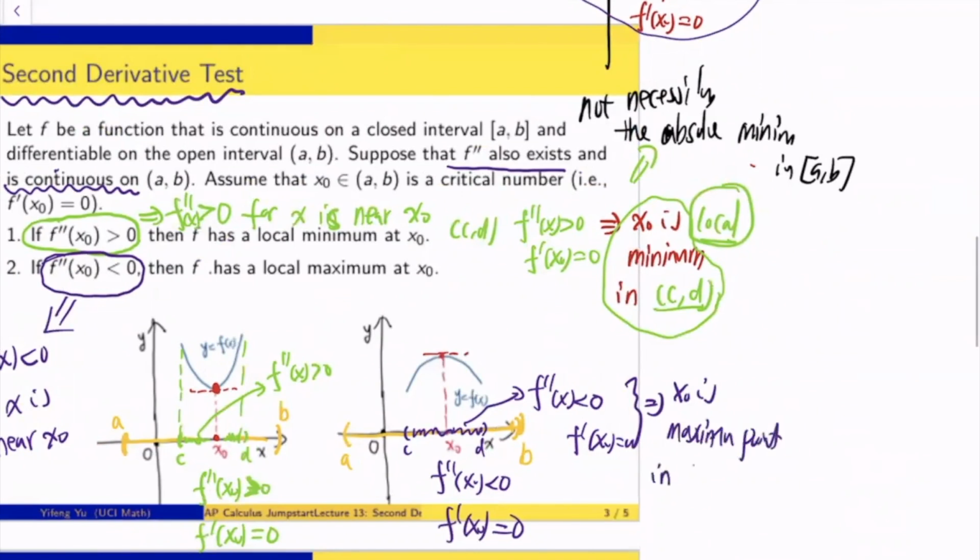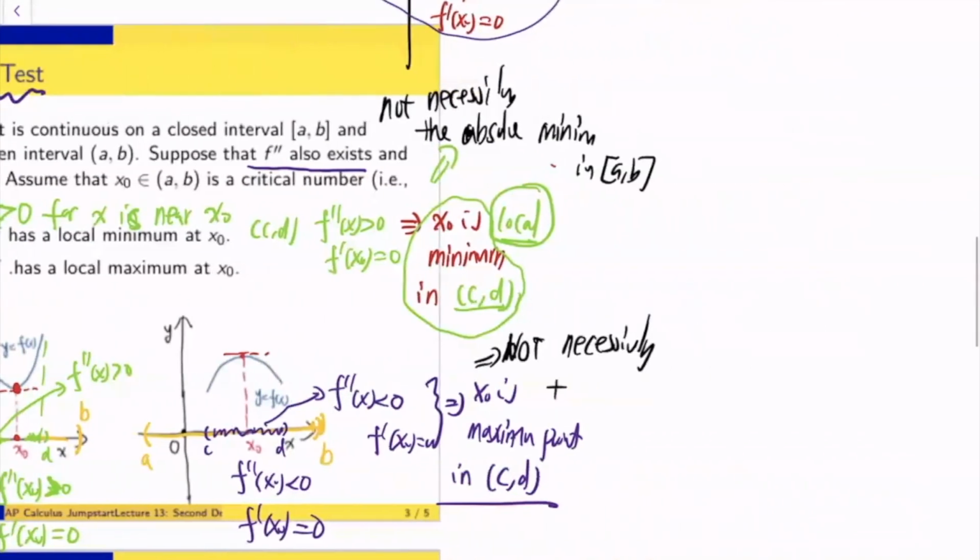Now in this sub-range, in this interval CD, it might not be the maximum in the whole range. Here we want to emphasize, not necessarily the absolute maximum in the entire interval AB.